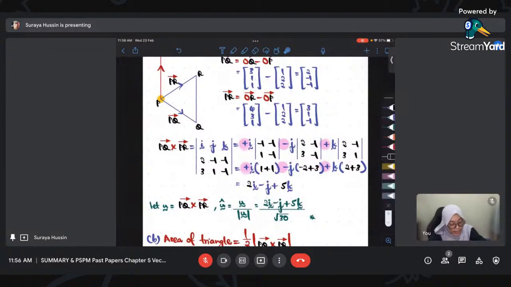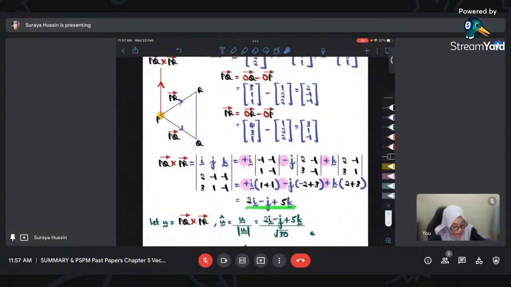I don't have to explain anymore. I have prepared the answer for you guys. The answer is 2, -1, and 5. Sorry, 2, 2, -1, and 5 is the vector product untuk PQ cross PR. Dia yang minta ya, dia yang minta PQ cross PR.